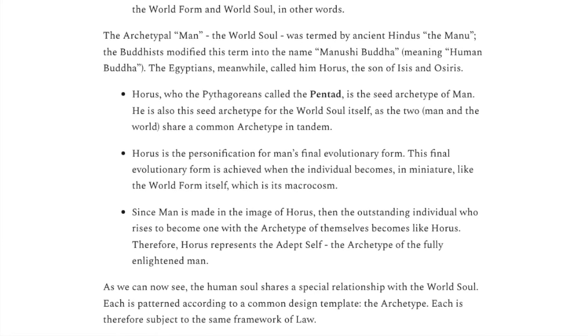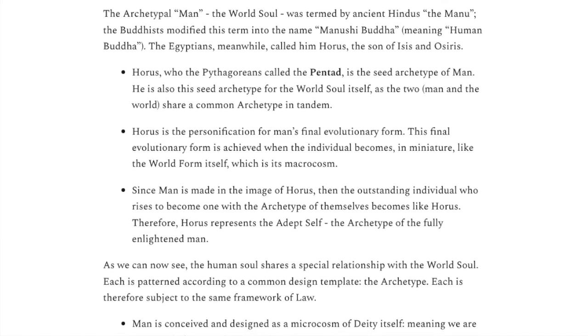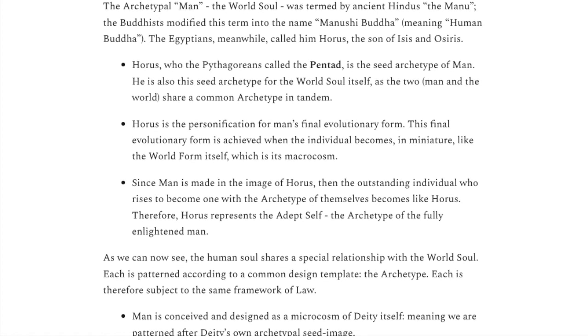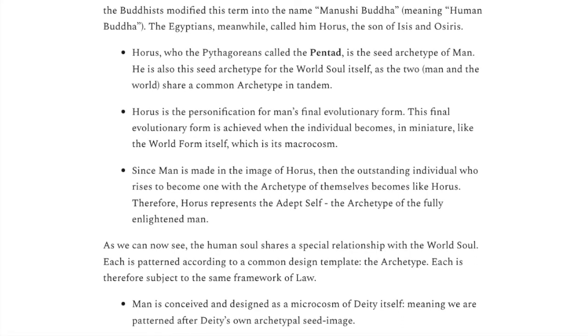Horus, who the Pythagoreans called the Pentad, is the seed archetype of man. He is also the seed archetype for the world soul itself, as the two, man and the world, share a common archetype in tandem. Horus is the personification for man's final evolutionary form.